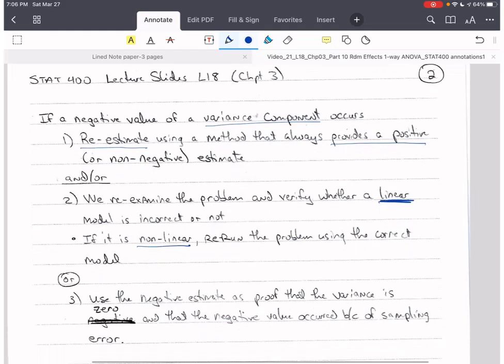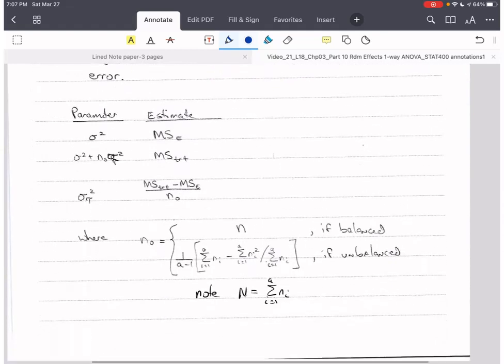The third option is not a very good option, but some people do use it: we use the negative estimate as proof that the variance is really 0 and that the negative value just occurred because of sampling error. For most people who don't understand statistics and how you calculate these estimates, they're not going to understand this, so this is really the least desirable option.